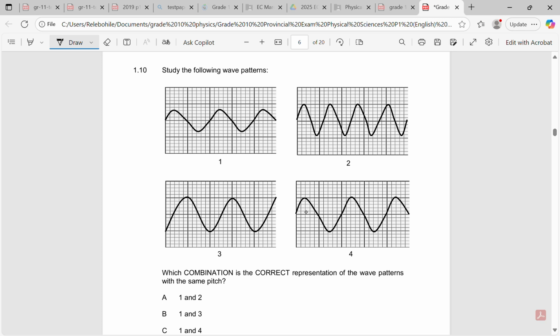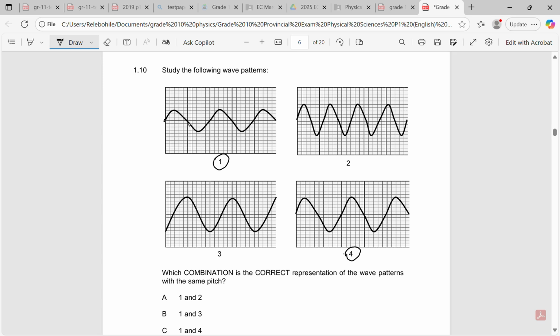Here we don't really see much about frequency, but what I'm noticing is that wave pattern 1 is similar to wave pattern 4 because they start at the same position.